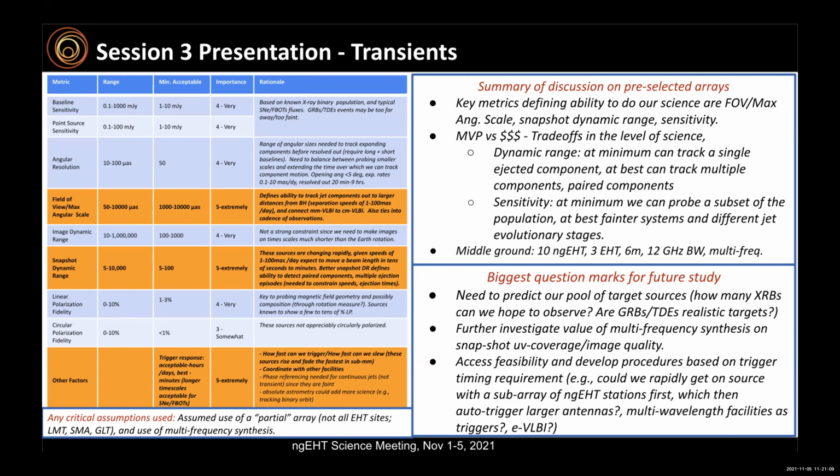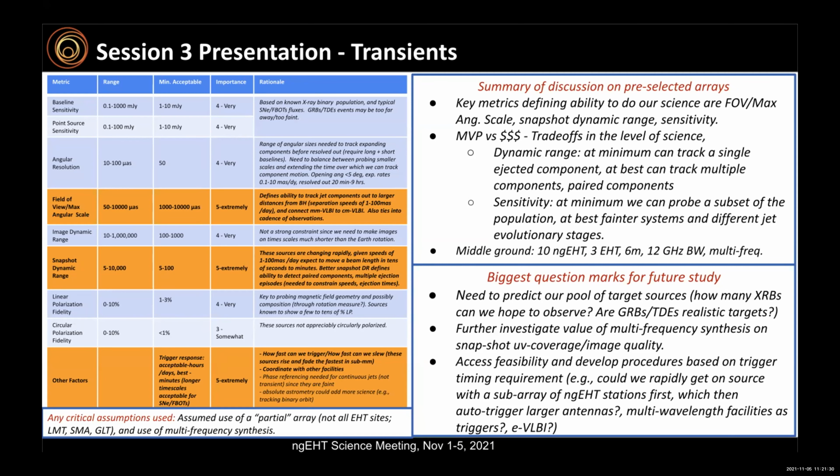When it comes to distinguishing between the minimal viable product and the really expensive arrays, what it comes down to for transients is a trade-off in the level of science we can do. While metrics like the field of view and the max angular scale don't have a lot of wiggle room, we need what we need to be able to track these jet components.